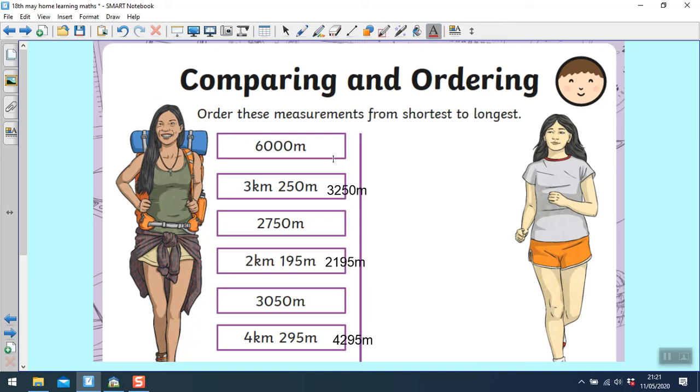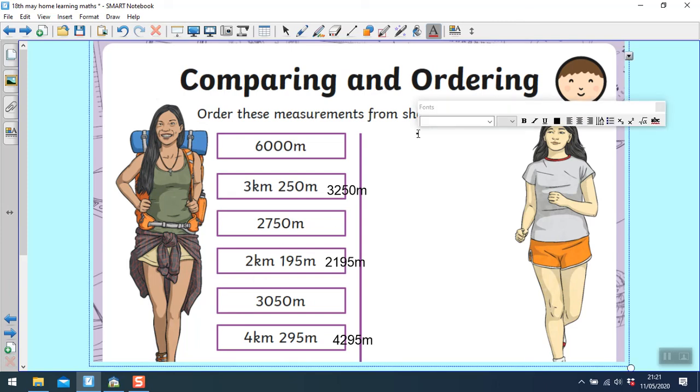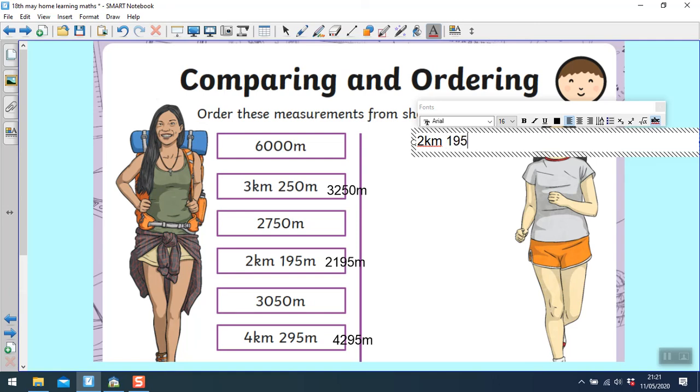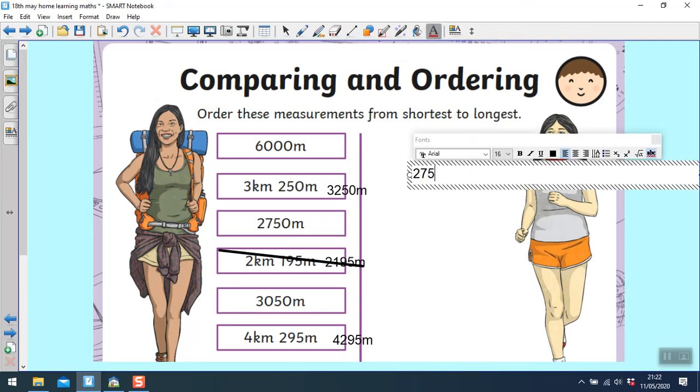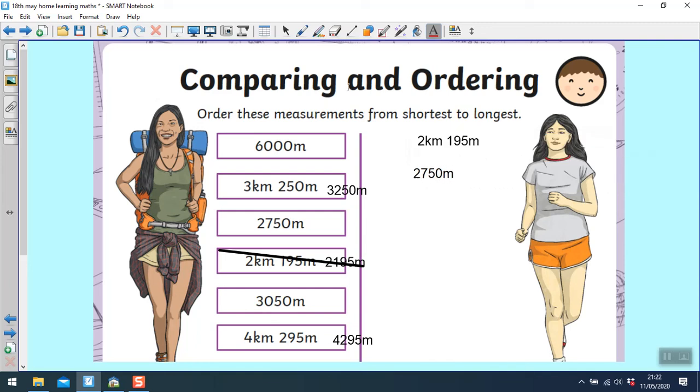So shortest, my smallest amount, is this one. I've got to write it in its original form. So the shortest is 2 kilometres 195 metres. Second one, got another 2,000 one there, so it's 2,750 metres. Next I've got two that have got 3,000.